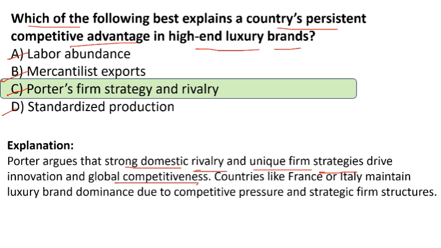Countries like France or Italy maintain luxury brand dominance due to competitive pressure and strategic firm structures. That is the reason behind it. So the right answer is C, Porter's firm strategy and rivalry, which explains the country's persistent competitive advantage in high-end luxury brands.